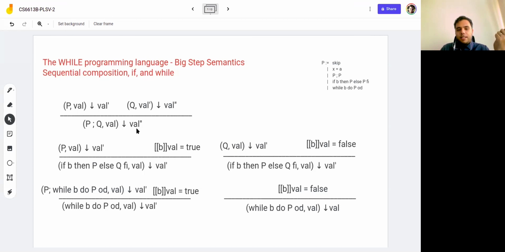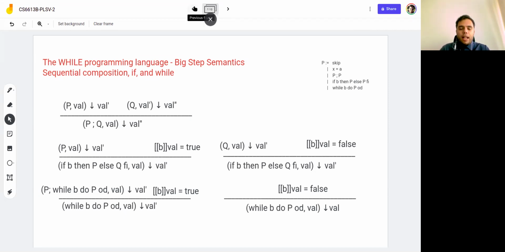And what this means is that if you have an initial state and the program does not terminate from that initial state, then you will have nothing about it here, right? So the big step semantics only give you information about those states that actually terminate and tell you where they terminate, with what valuation they terminate. And for the other states, all you know is just that the program will not terminate from this state, but nothing more.